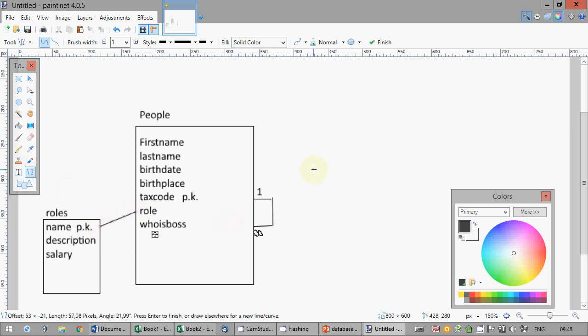If you build something like this, now the people are not free to write whatever they want in field role. They must write a name which is contained in table roles. Okay, so that is if you want to standardize the role here.